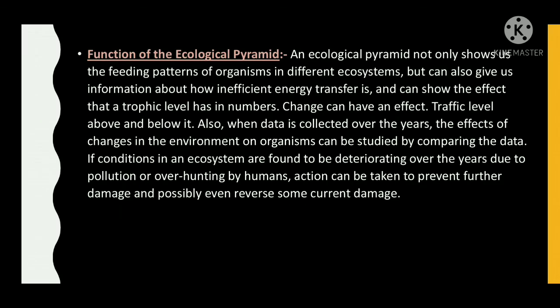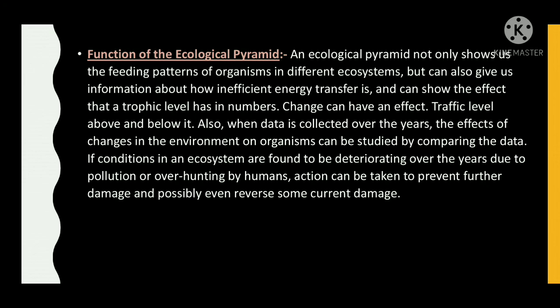Function of the ecological pyramid. An ecological pyramid not only shows us the feeding patterns of organisms in different ecosystems but can also give us information about how inefficient energy transfer is, and can show the effect that a change in numbers at one trophic level can have on the trophic levels above and below it.